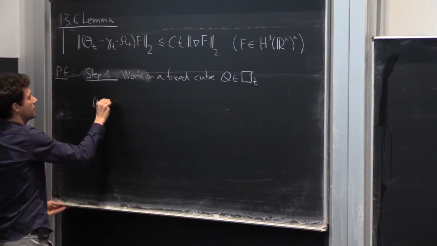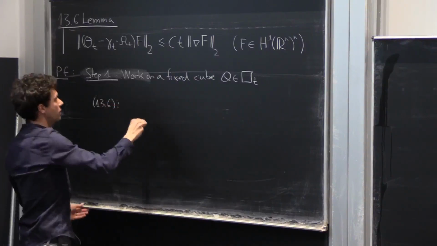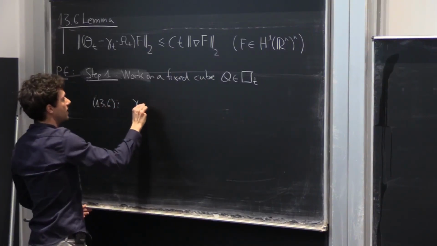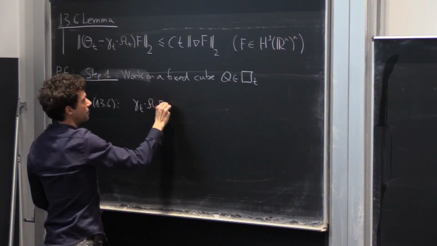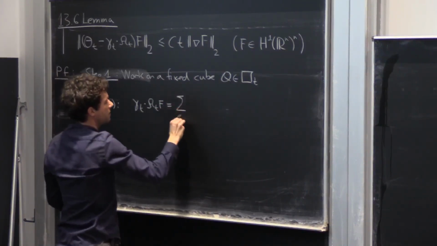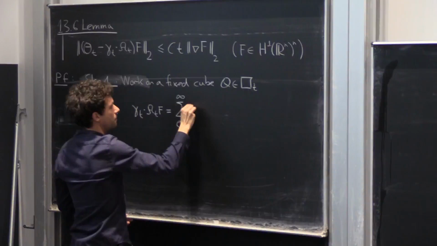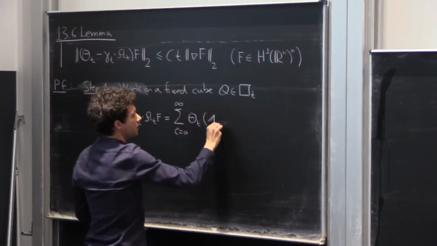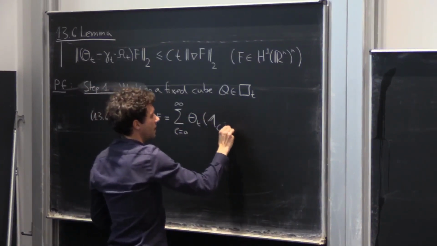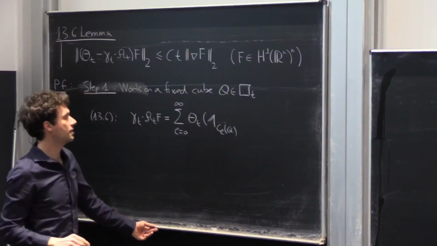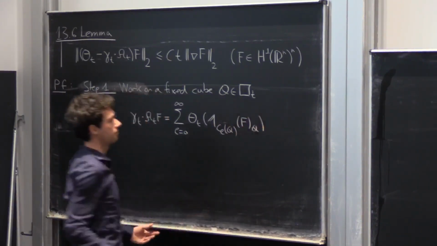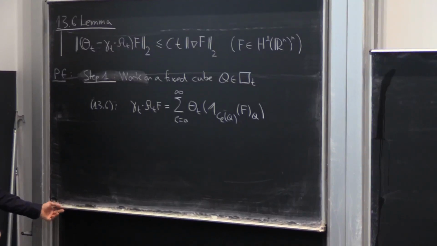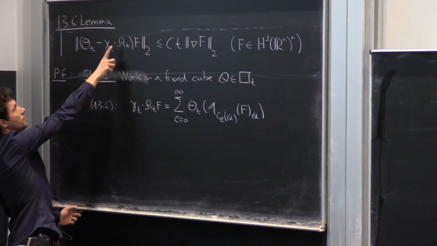I have 13.6, that was my computation here, that showed you that gamma t times AT f is equal to an infinite series of theta of t times annularly localized versions of the constant average of f. And I have another formula, so this allows me to compute this.